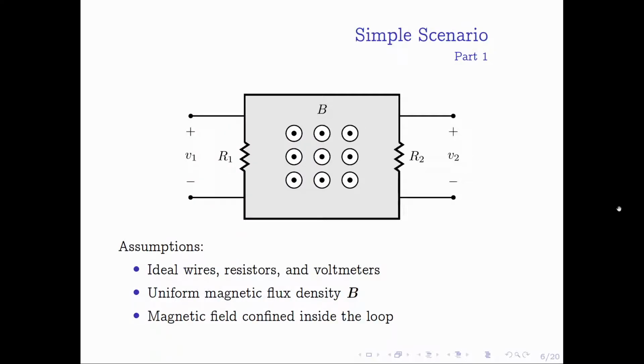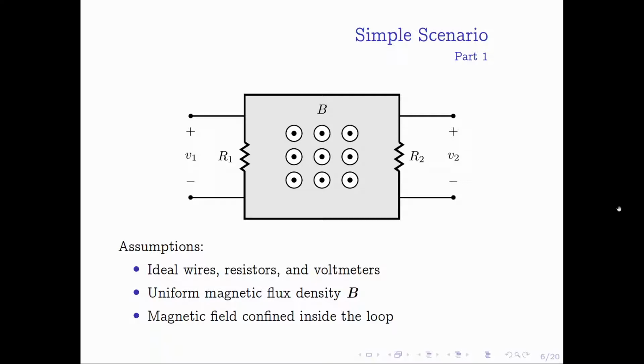In this example, we would like to examine how to apply Faraday's law to our loop. In this simple scenario, I have removed the voltmeters from the picture. This will simplify our calculations and will help us understand how to apply Faraday's law correctly and how to find the equivalent circuit.